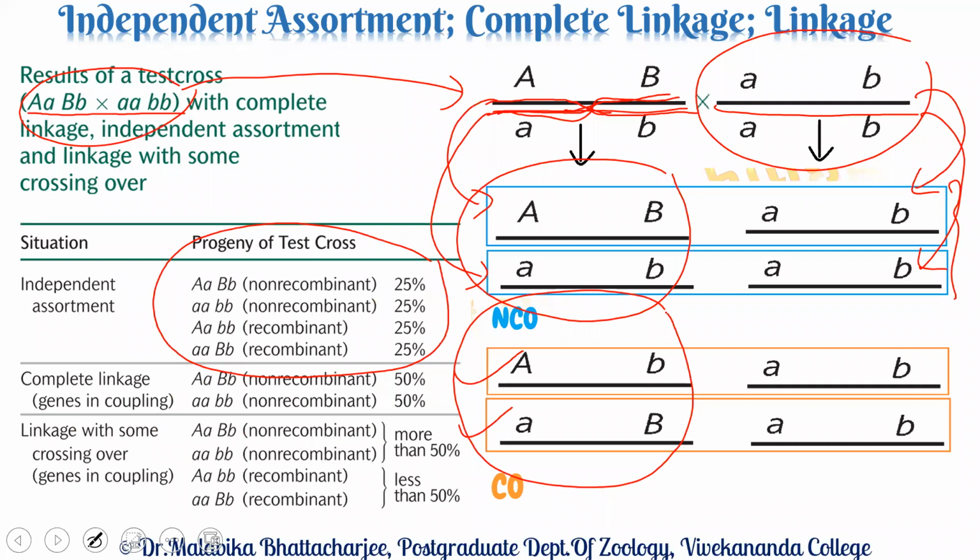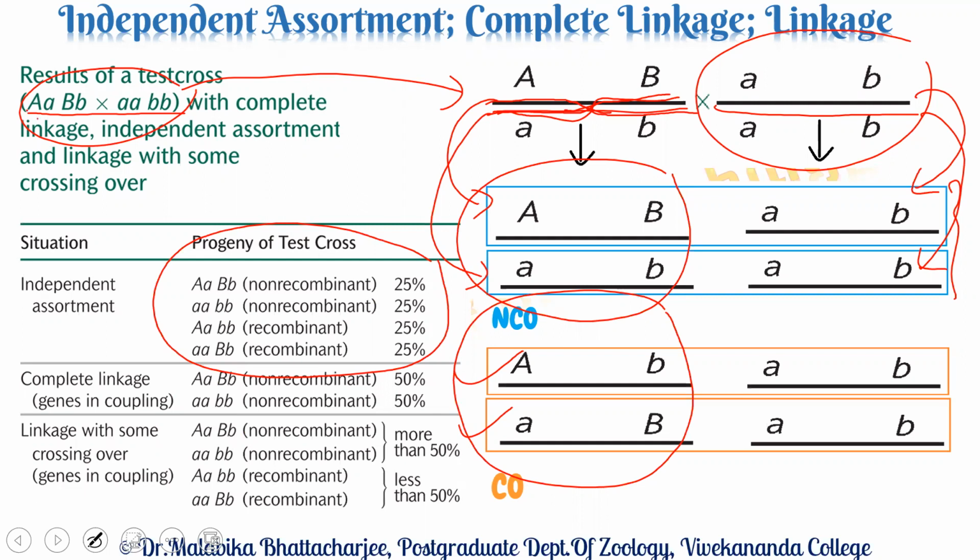The 4 categories will be observed in the same ratio if there is independent assortment occurring between the genotypes, so we will be getting the 4 categories of gametes in equal ratio.